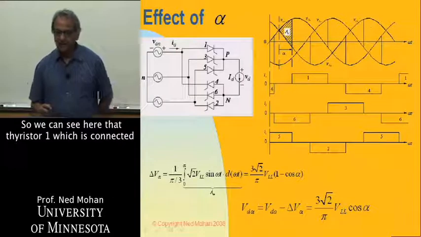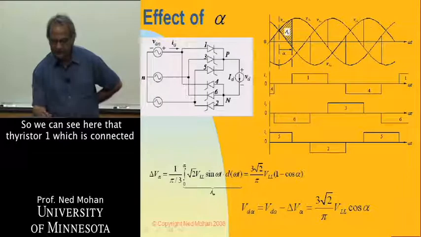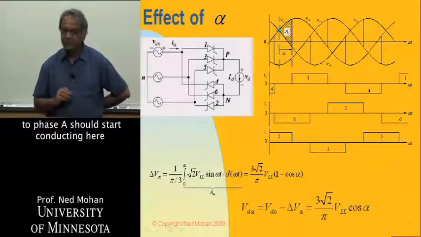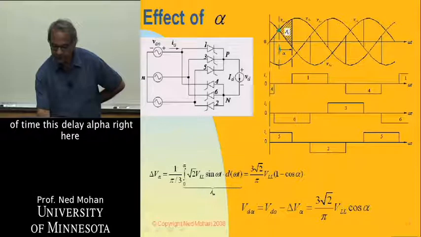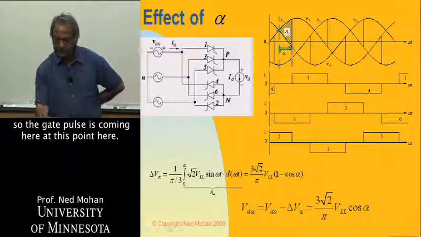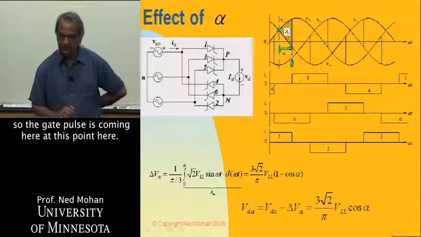Okay, and we can see here that thyristor 1, which is connected to phase A, should start conducting here. But we are introducing, with respect to this instant of time, this delay alpha right here. So the gate pulse is coming at this point over here.